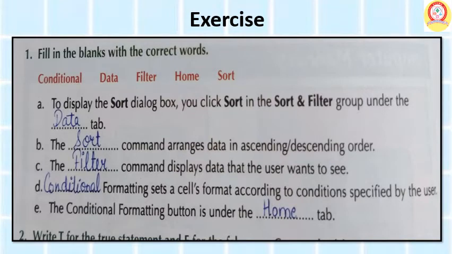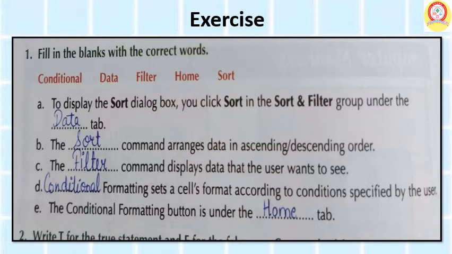Exercise question 1. Fill in the blanks with the correct words. A. To display the Sort dialog box, you click Sort in the Sort and Filter group under the dash tab. Under the Data tab. B. The dash command arranges data in ascending and descending order. Sort command.